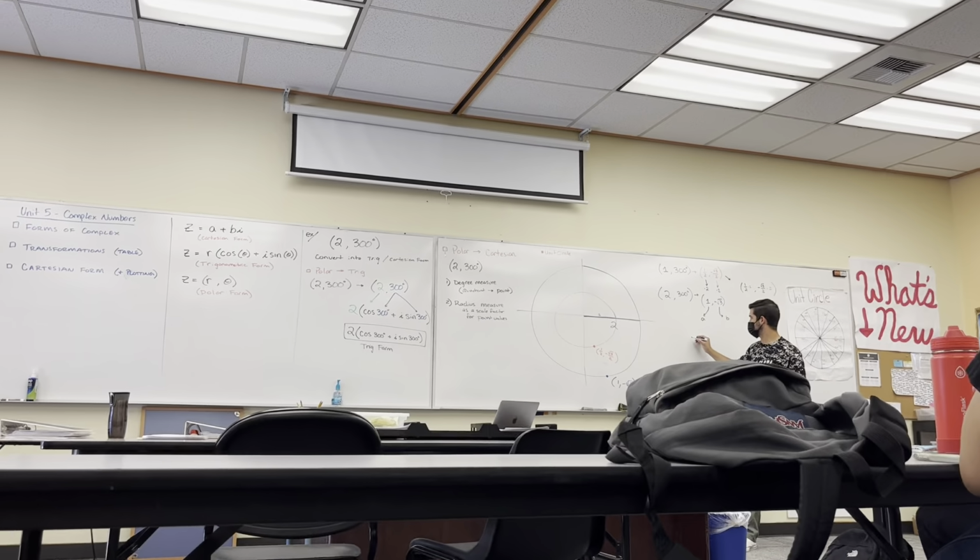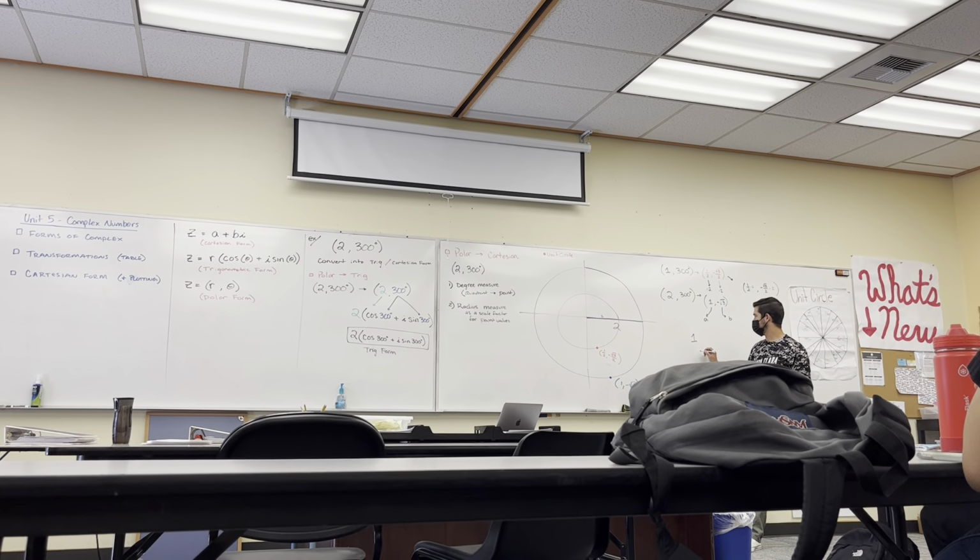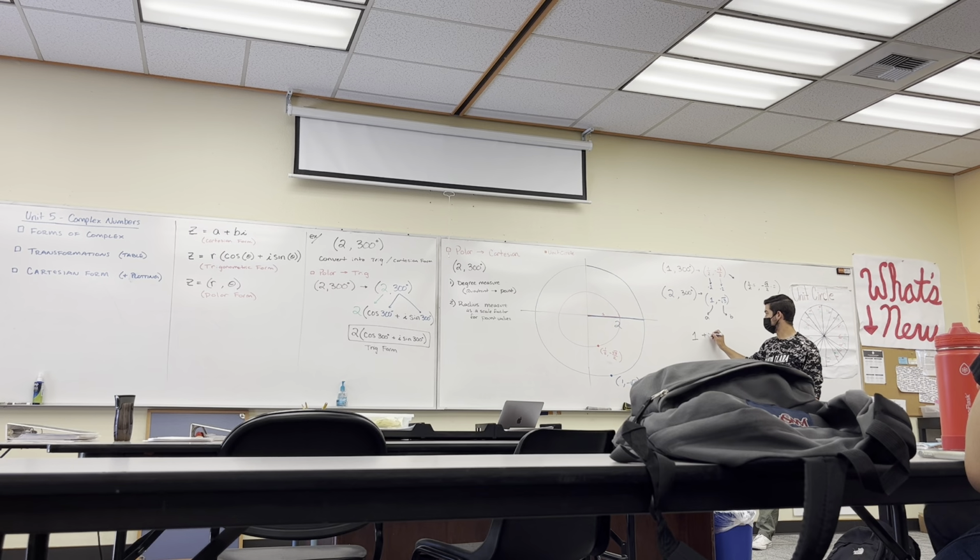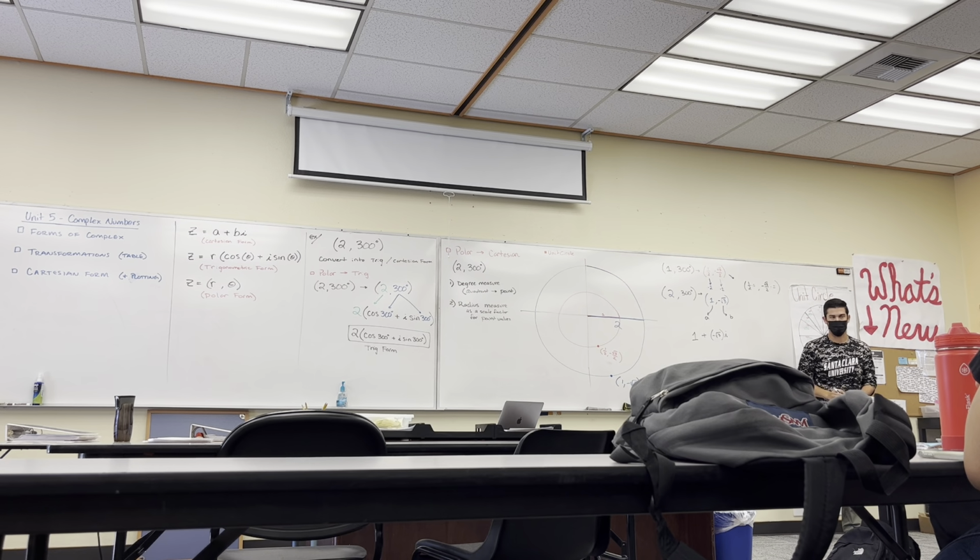The i is implied because we're talking about a complex number. So my final solution should be a plus negative root 3 i, or you can write 1 minus root 3 i. And this is in Cartesian form.